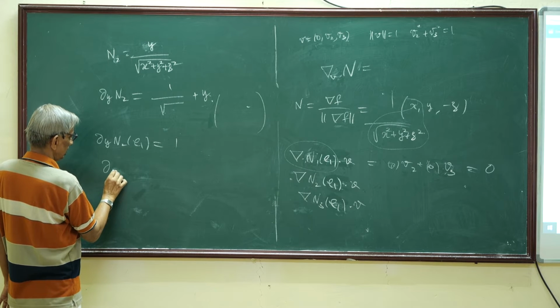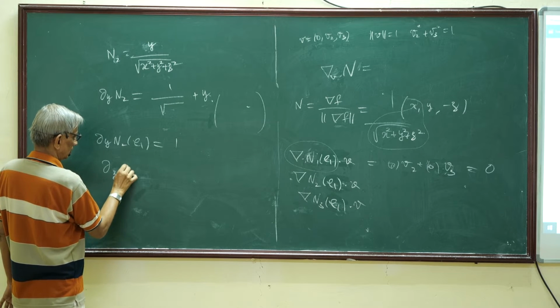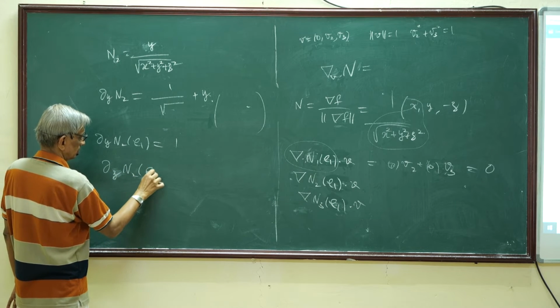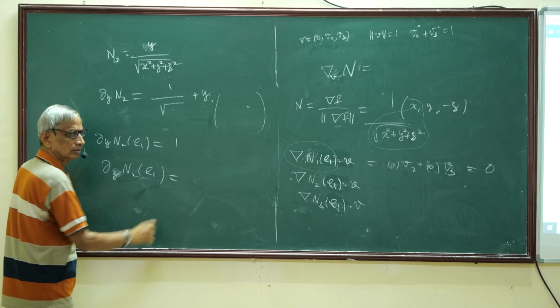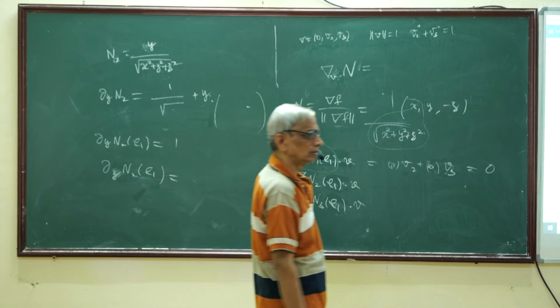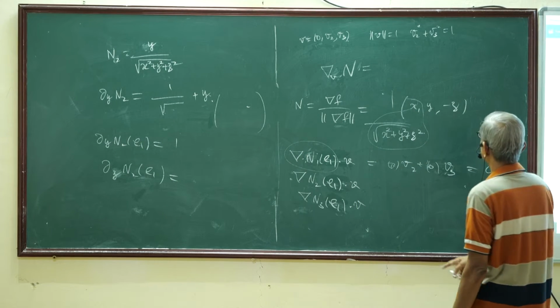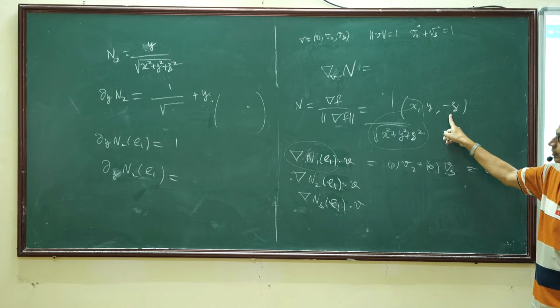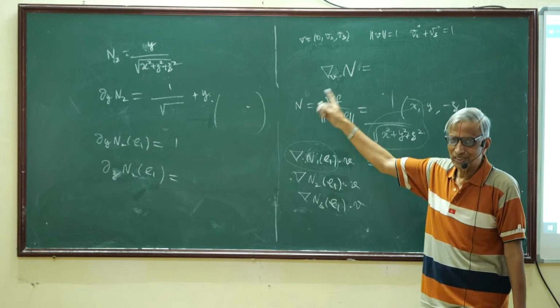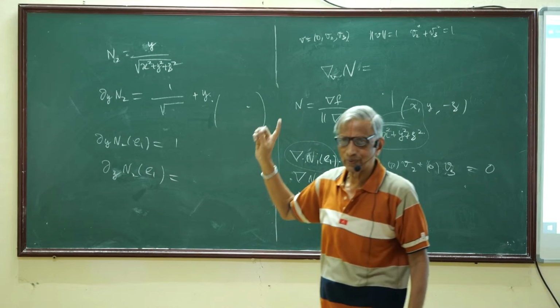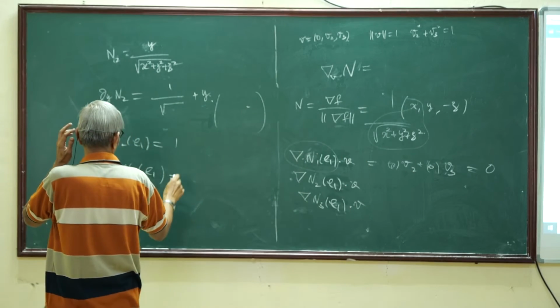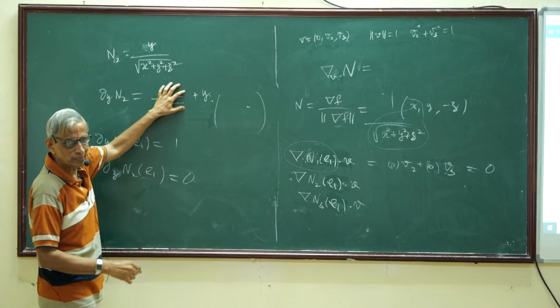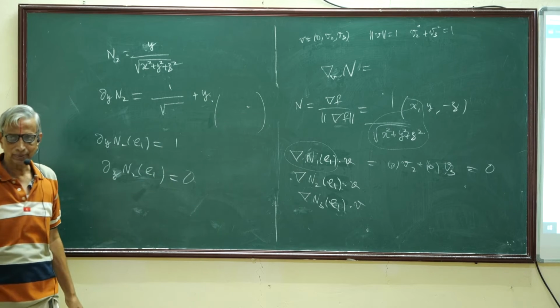So what about z? Not this, sorry, n2 itself with respect to z, that's going to be 0, right? So no this term, but only terms of that type there.